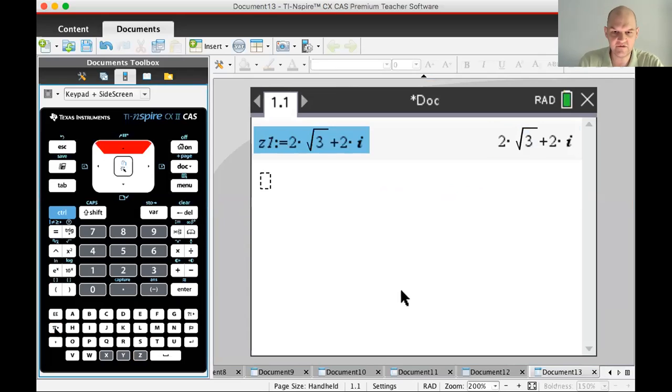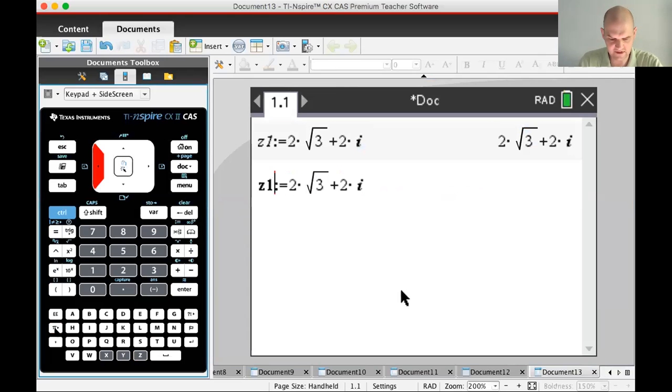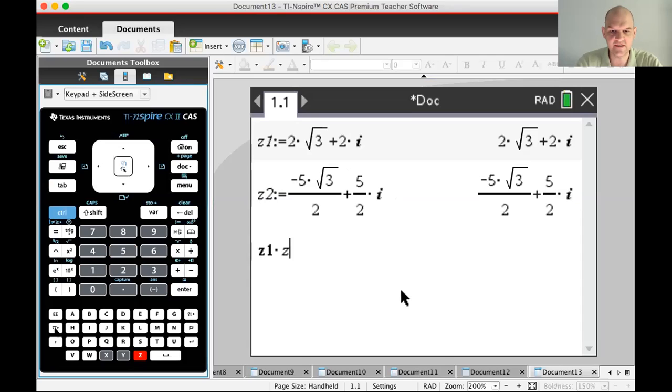And then Z2, I'll probably just go up, paste. So Z2 is negative 5 square root of 3 over 2, and then 5/2 i. So I can do Z1 times Z2, and I get negative 20, which is what I got.